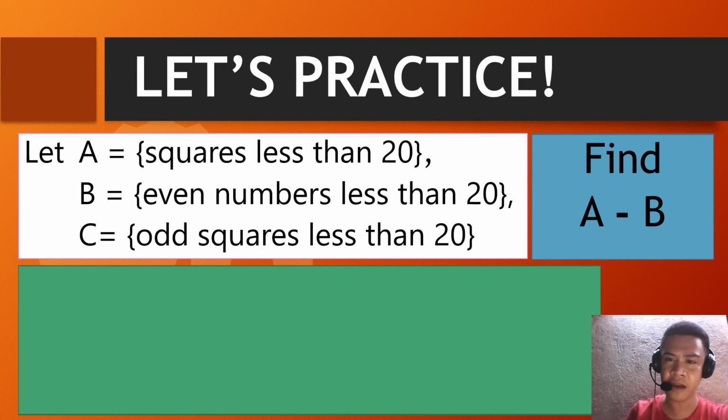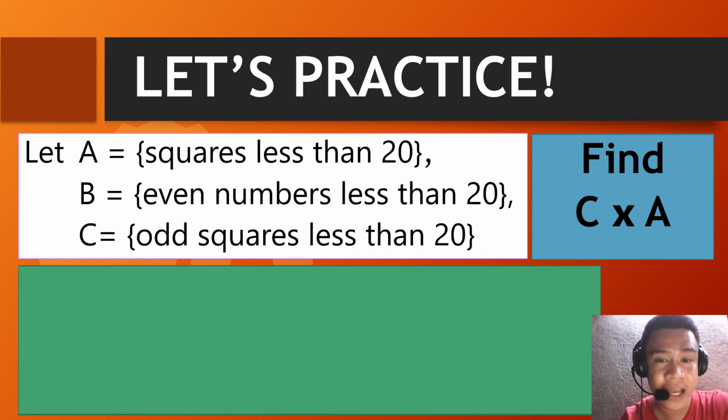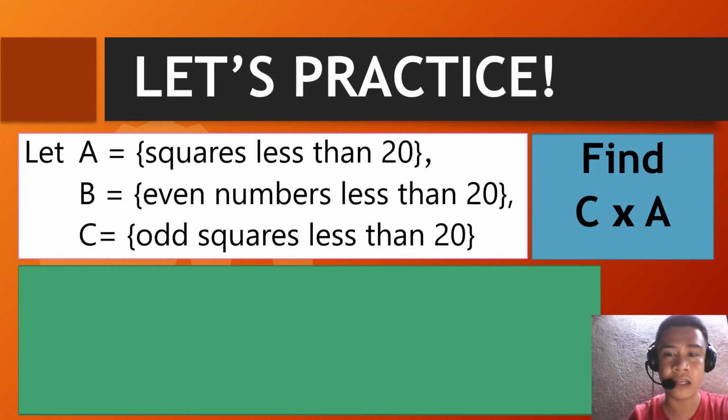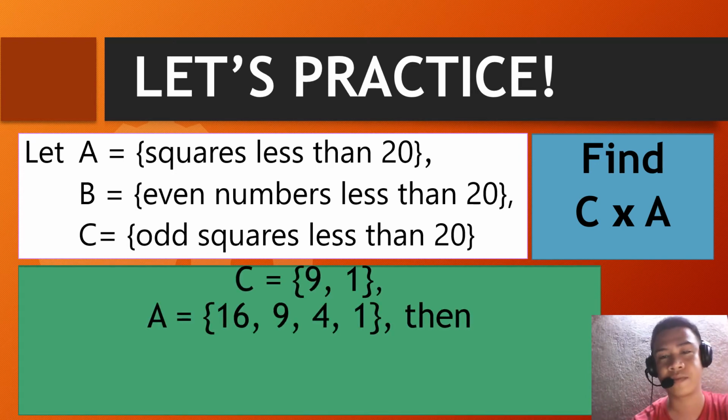So therefore, yung element na makikita lamang sa set A na hindi makikita sa set B are 9 and 1. 16, makikita both. 4, makikita both. So the elements na nasa A na wala sa B is 9 and 1. So that is difference.